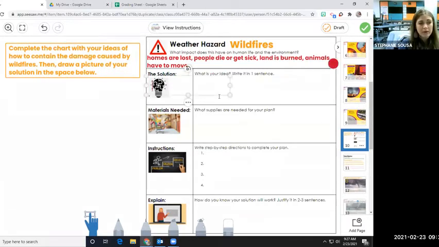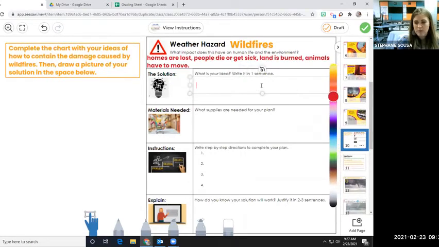So I'm going to take the ideas that we had and I'm going to combine them into one system, okay? So just like if you've ever been around an apartment complex or a neighborhood where the sprinklers pop up out of the ground and water everything, maybe we're going to create something like that. So what is your idea? Write it in one sentence.